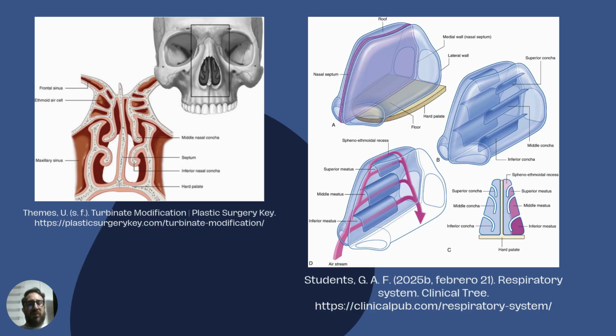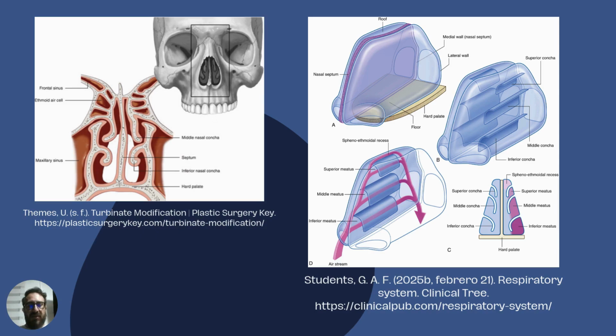One of the most important anatomical features inside the nasal cavities is the presence of the nasal conchae, also called turbinates. These are curved, bony projections that extend from the lateral walls of the nasal cavity.